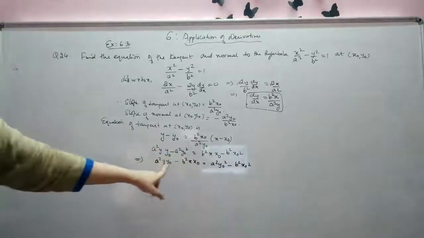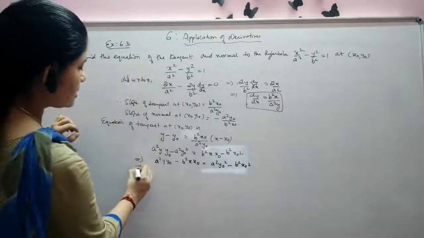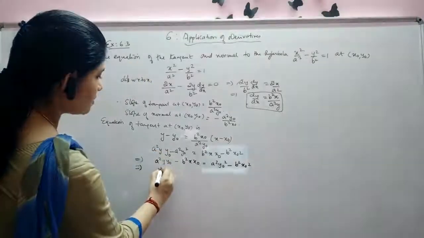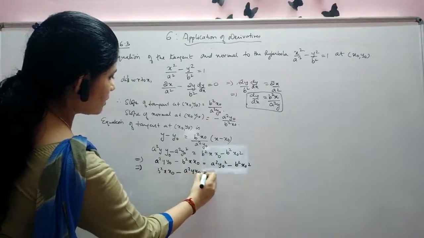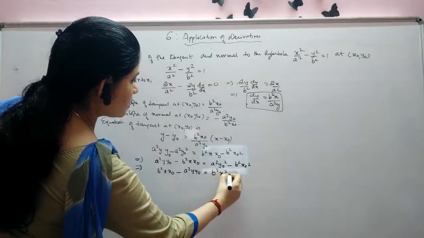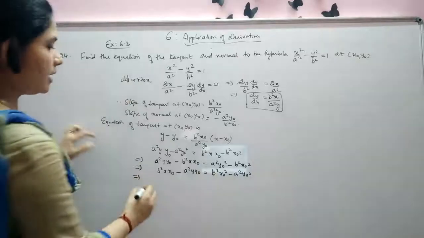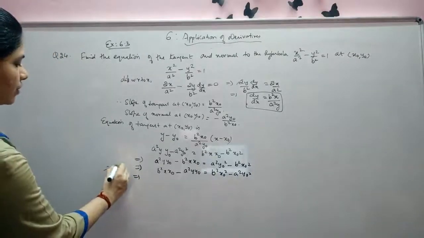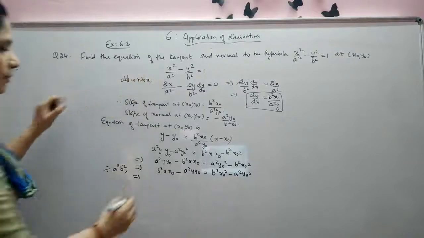Now you can take a negative sign out also, so that you can make it as first term x square. So this will be written as b square x naught x minus a square y naught y is equal to b square x naught square minus a square y naught square. Okay, now dividing throughout by a square b square. This step is followed to get this type of result.